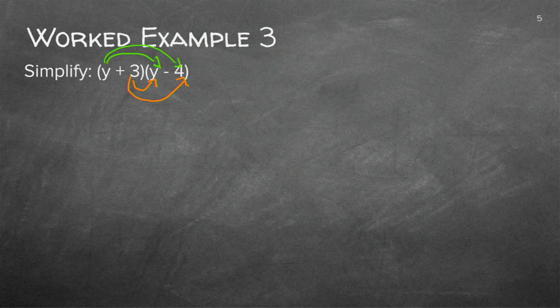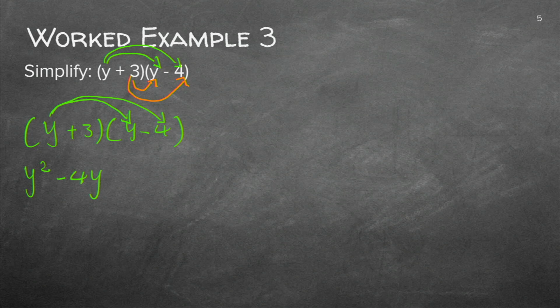So I always prefer to write my equation so that I can see things clearly. Now this is what we have. So we multiply the first value with the first value that side, you have y squared. You multiply the first value again with the second value on the other side, you have -4y.